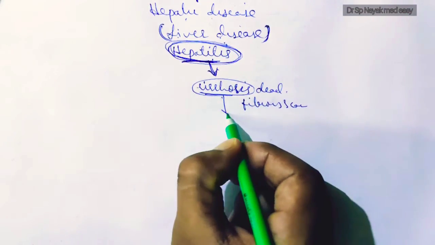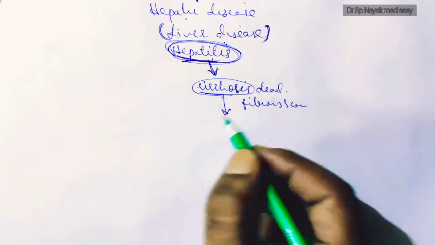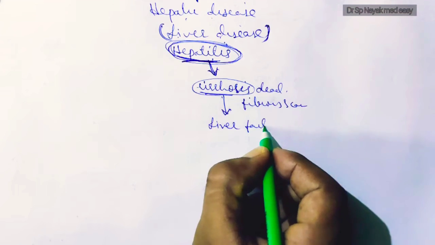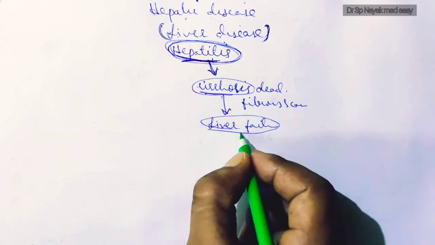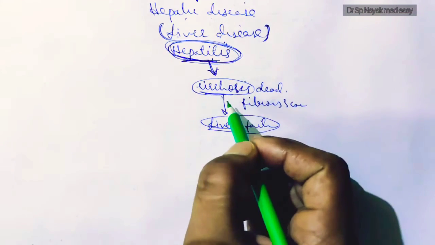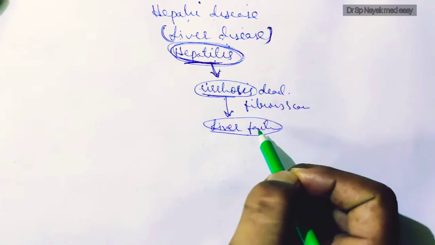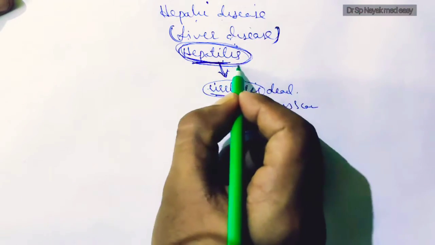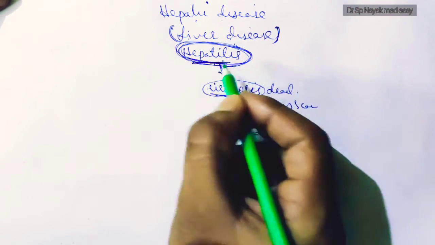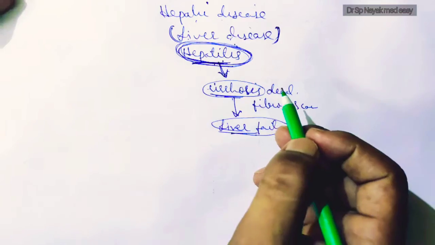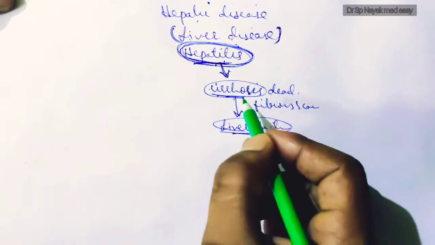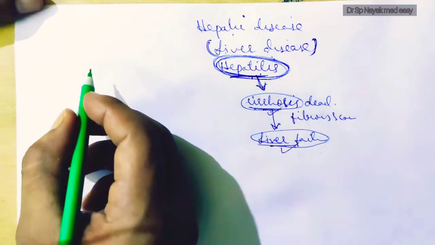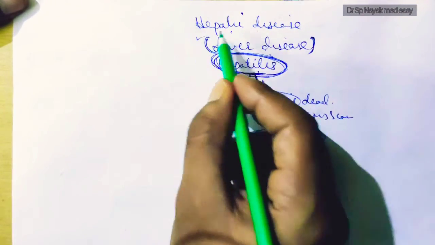If cirrhosis continues, finally the liver will undergo the next final stage called liver failure. Liver failure is the final, complicated state in hepatic diseases. Now we will not discuss liver failure and cirrhosis; we will discuss hepatitis, which is a very common condition associated with many causes, and is the main reason for cirrhosis and liver failure.